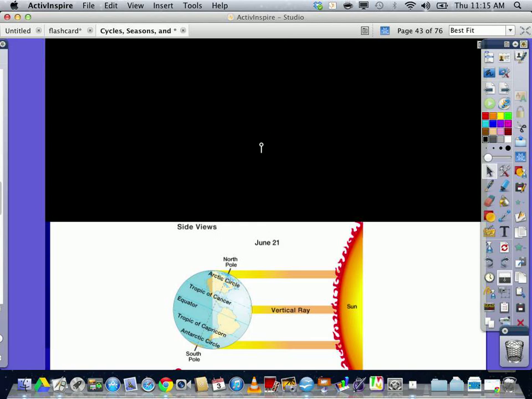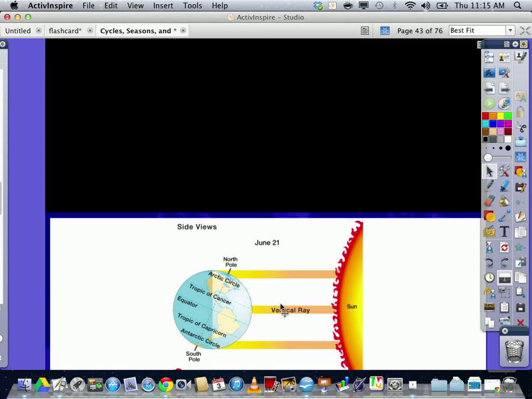Now let's look at summer solstice. So again, let's analyze our diagram here. Here's our equator. The northern hemisphere is tilted towards. Southern hemisphere tilted away.